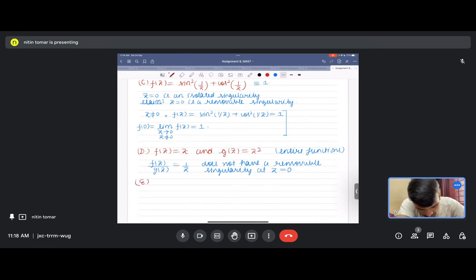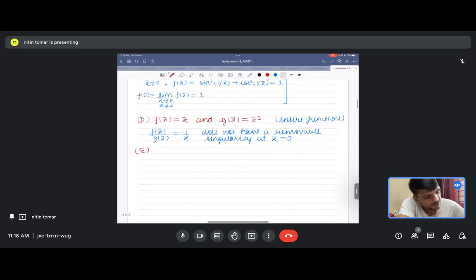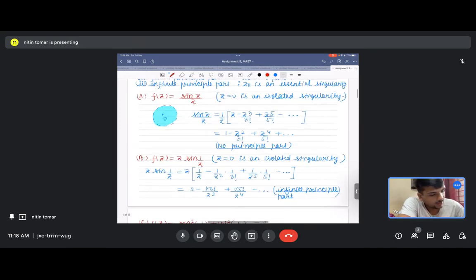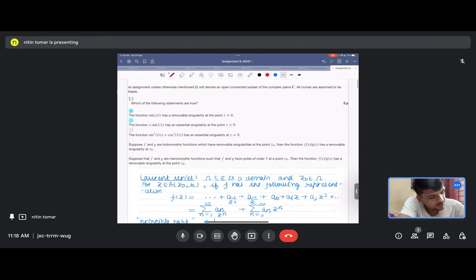Now the last option is, if f and g are meromorphic functions which have poles of order 3 at point z naught, then f by g has a removable singularity at z naught. Okay, so let us check.